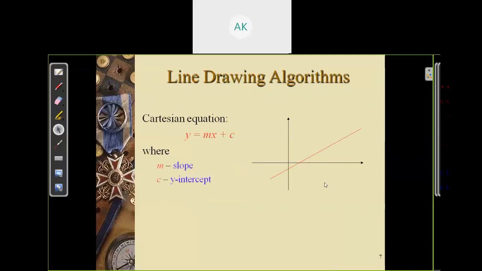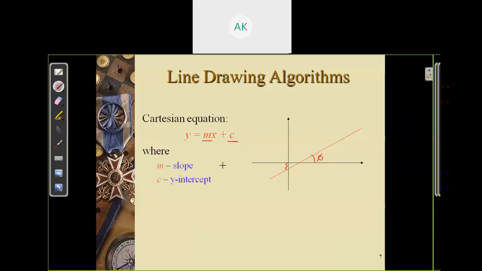So how can we draw a line? To draw a line, we have the equation y equals mx plus c, as you know, the equation of a line, where m is the slope of your line and c is the y intercept. Here the slope of the line is this angle, and the intercept c means this length.